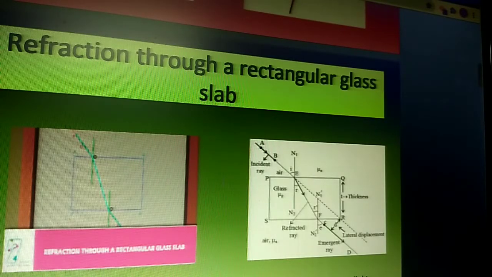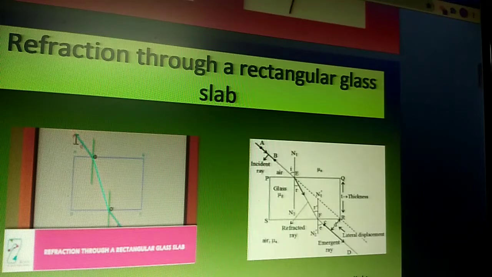Refraction through a rectangular glass slab. Whenever a light ray is incident obliquely on one of the faces of a rectangular glass slab, it bends towards the normal and passes straight and emerges out through the other face of the glass slab, and when it is emerging, that is called the emergent ray and it is away from the normal.